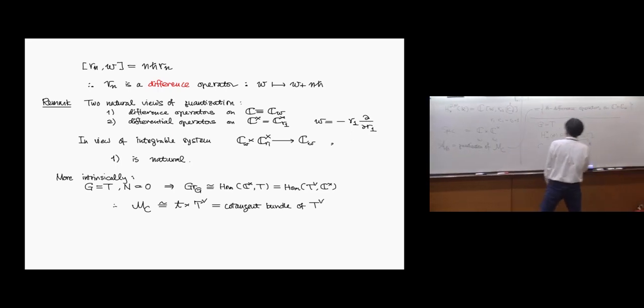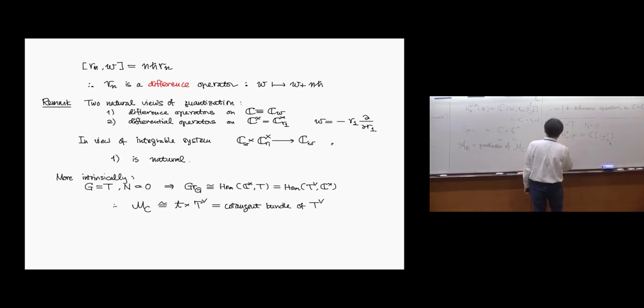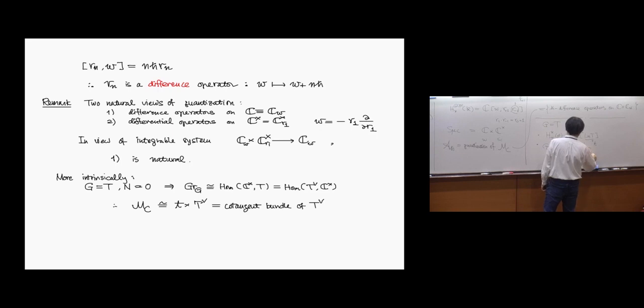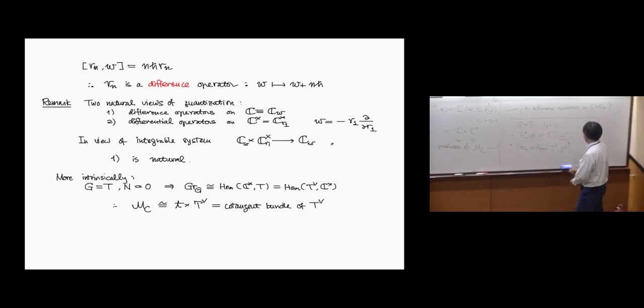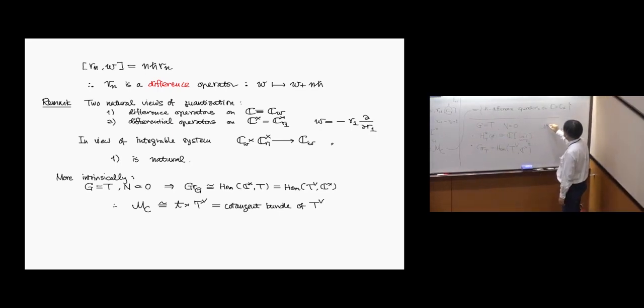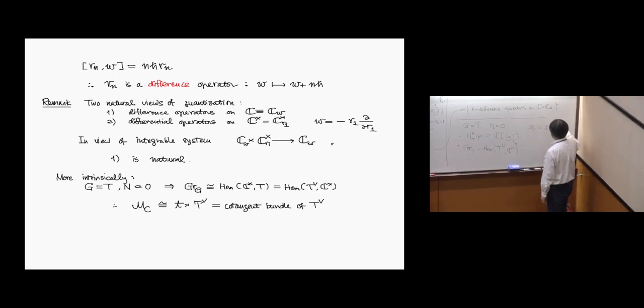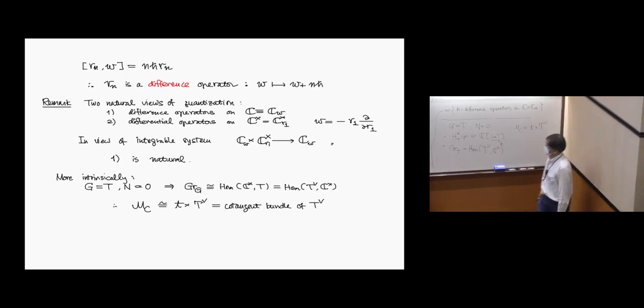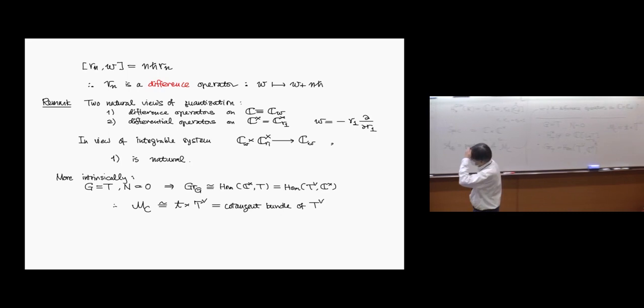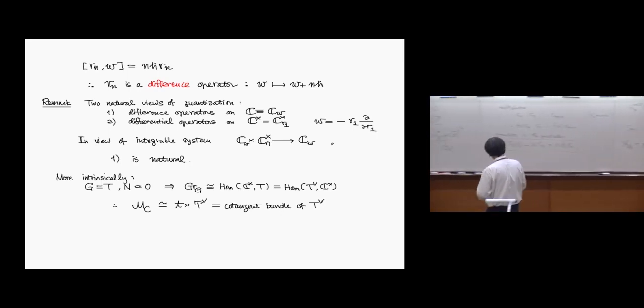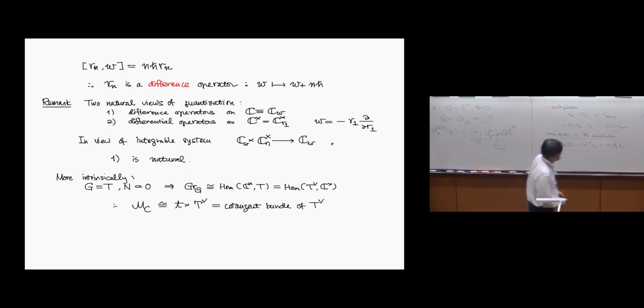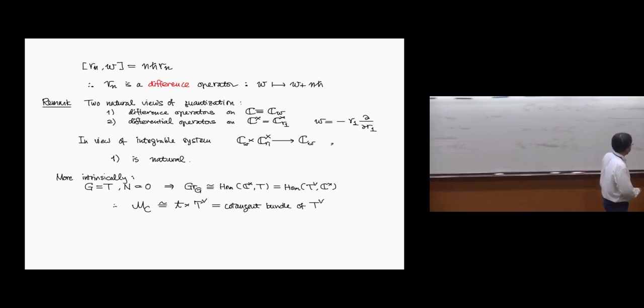So this and T, if you combine this, then in this case, the Coulomb branch equals T check. Right? So this is a more intrinsic description of the Coulomb branch for this example. So this is a cotangent bundle.